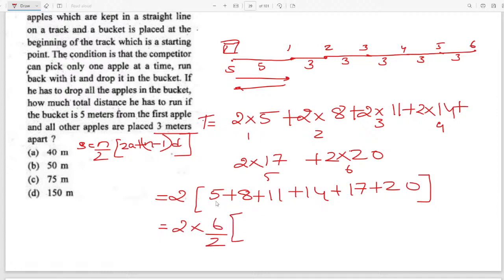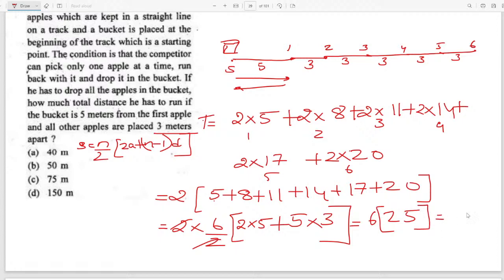The first term is 5, so 2 into 5 plus n minus 1, 6 minus 1 is 5, into d is 3. This is equal to 6 into, I have cancelled 2 and 2 here, 6 into 5 2 is 10 plus 5 3 is 15. This is 6 into 25. So this is equal to 150. The correct answer is option D.